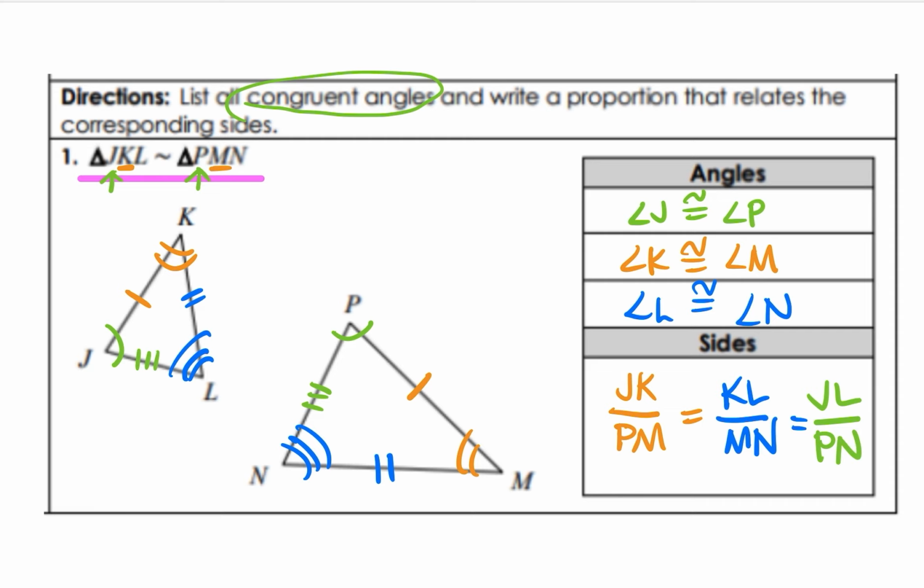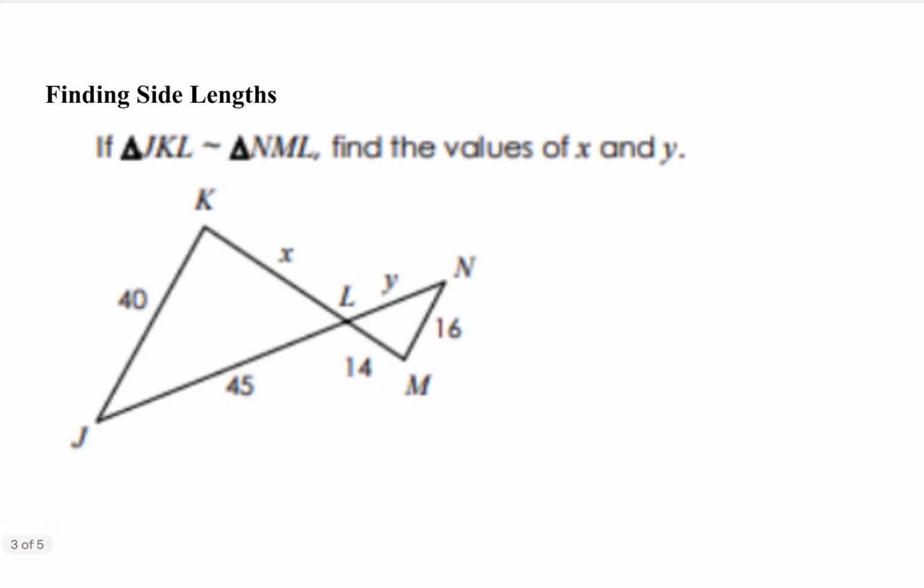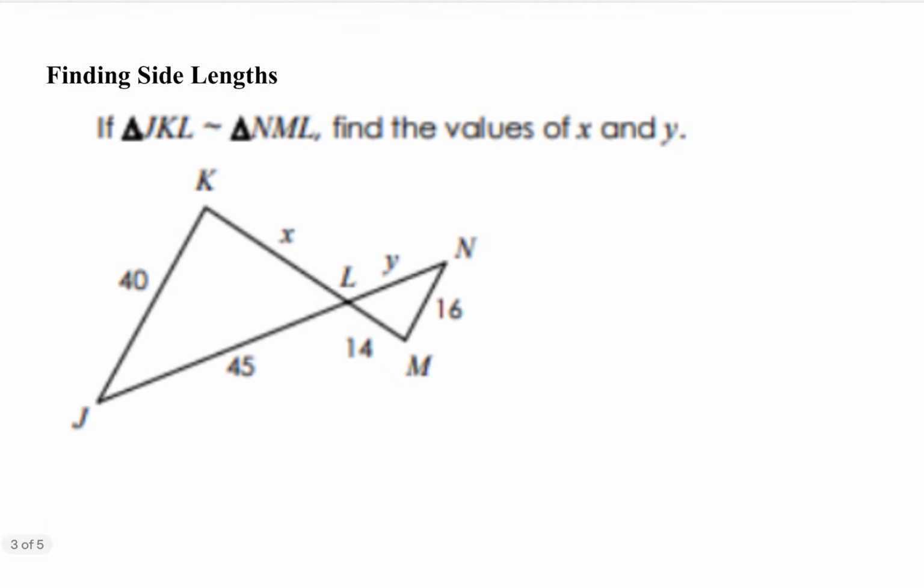All right. Let us try and answer another problem. This time we are going to find the side lengths. Because these are sides, we pair JK with NM.